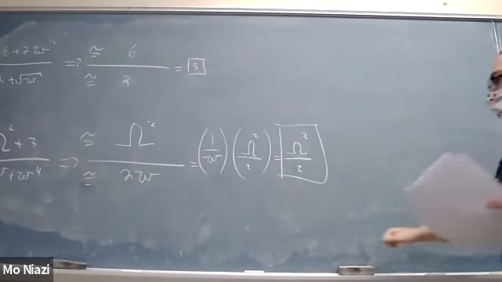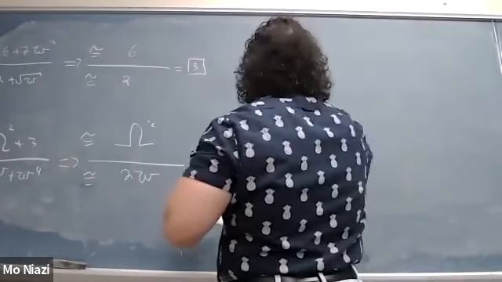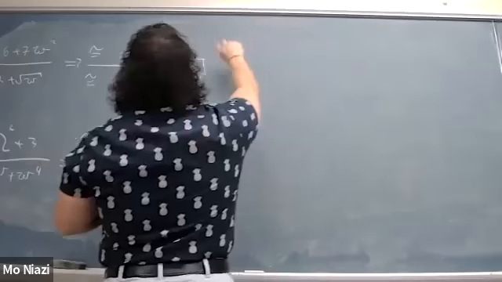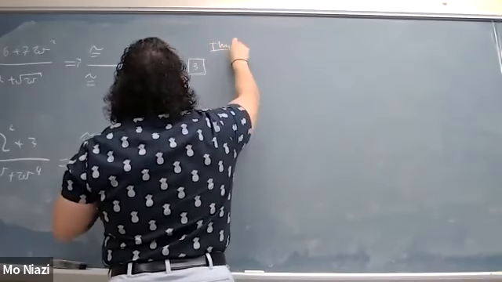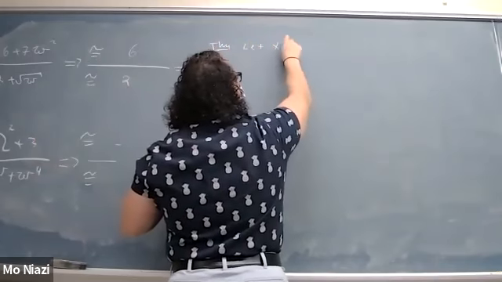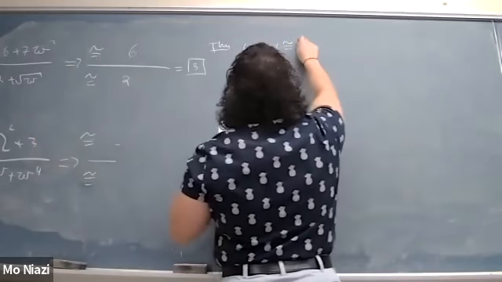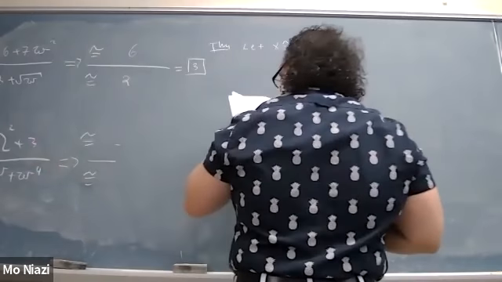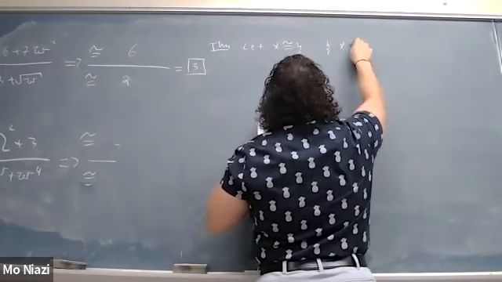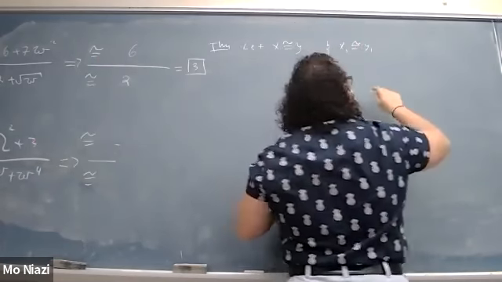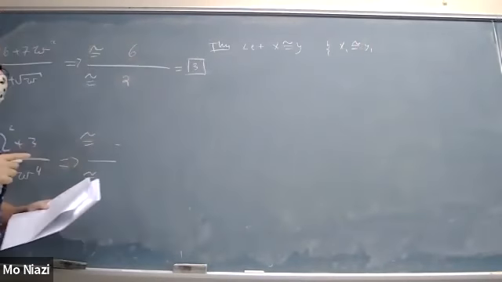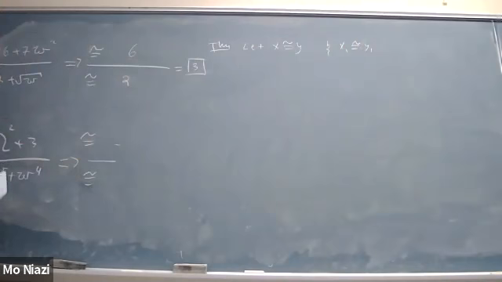So now we get a theorem. Let x be approximately y, and let x1 be approximately y1, where x1, y1, x and y, they're all hyperreal numbers.